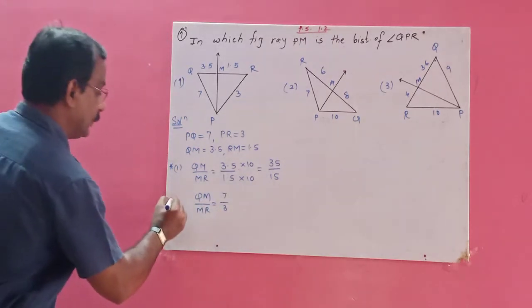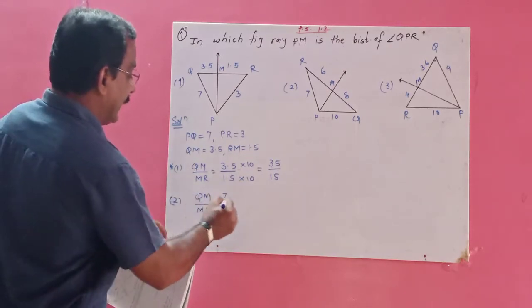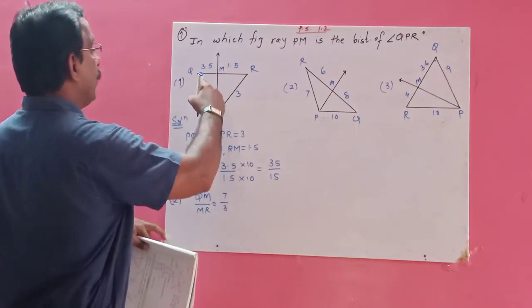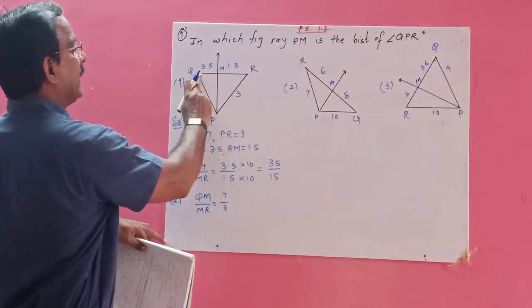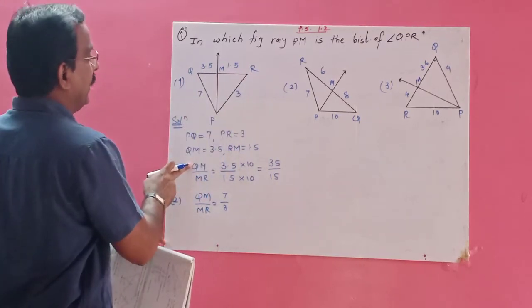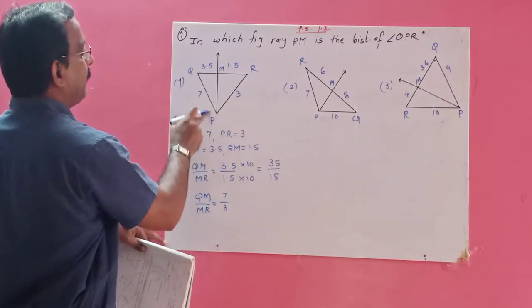This is point number 2. Like that, find the ratio of PQ upon PR. See, first you have taken QM, then you should take PQ. Don't take PR, take PQ.